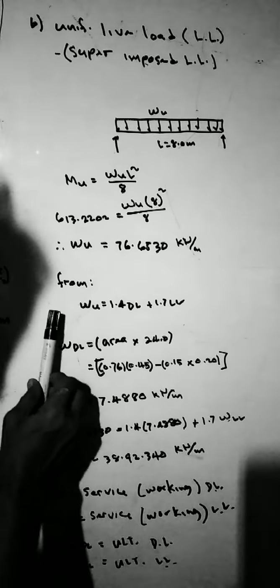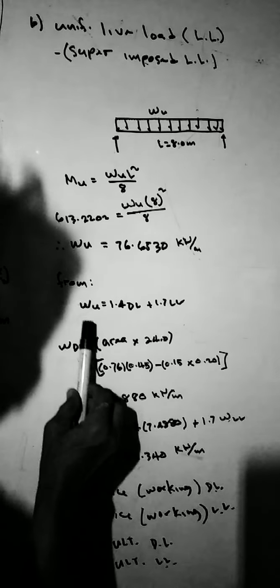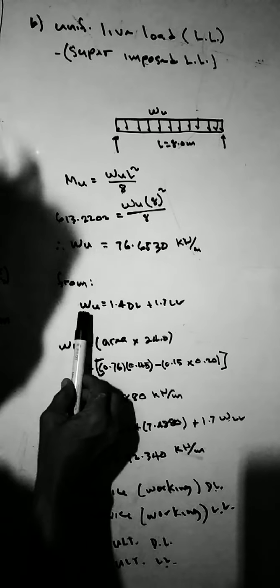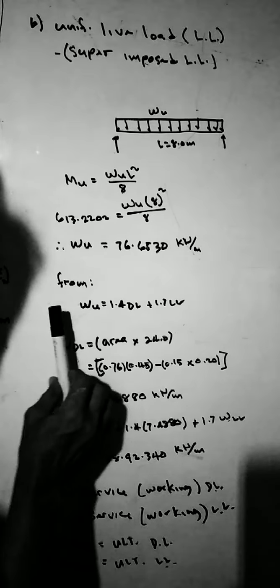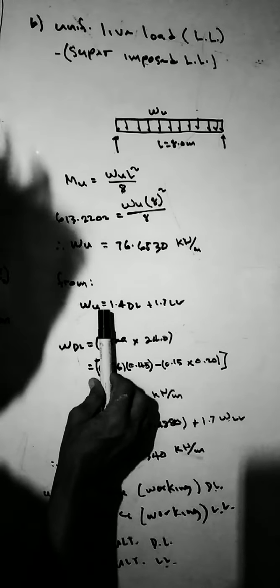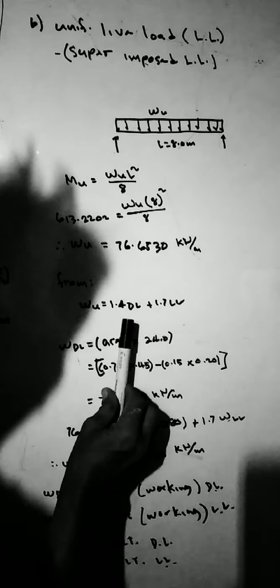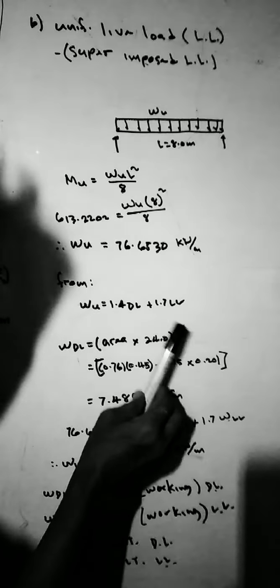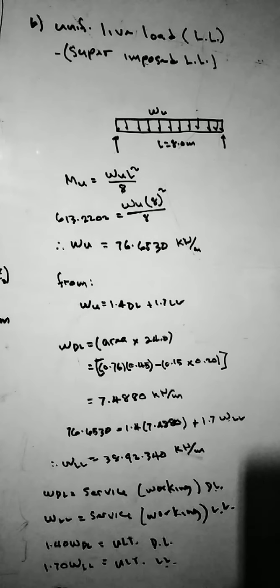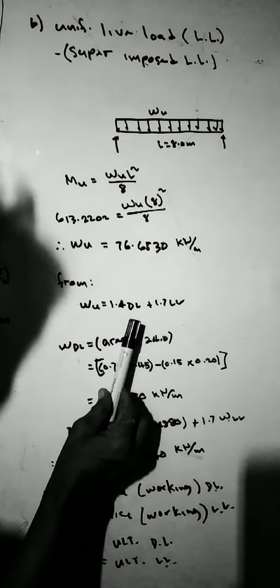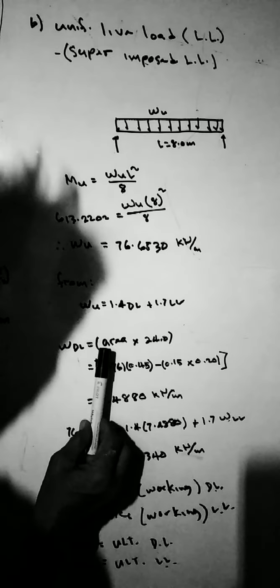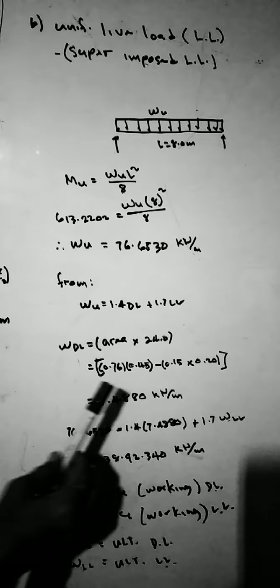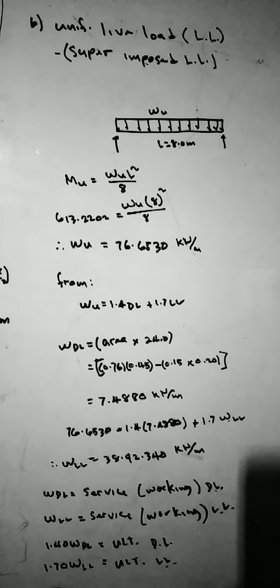Okay, from the equation, total ultimate uniform load equals 1.4 the dead load plus 1.7 live load. But we know the dead load is the area times the weight of the concrete.